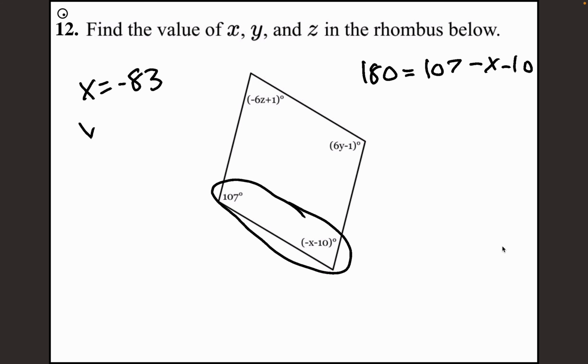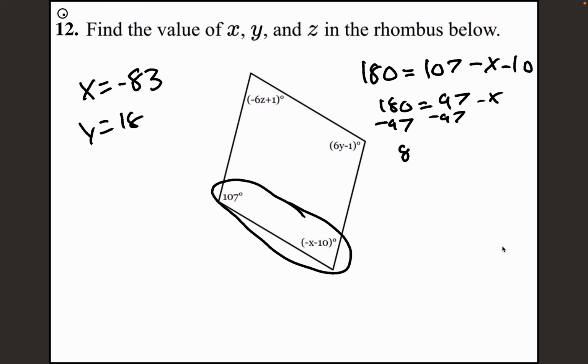What do we get for y? But just you do 107 minus 10. So that's going to be 97 minus x. Subtract 97. This is going to be 70. Or no, it's not 73. This is 83, right? Yeah.